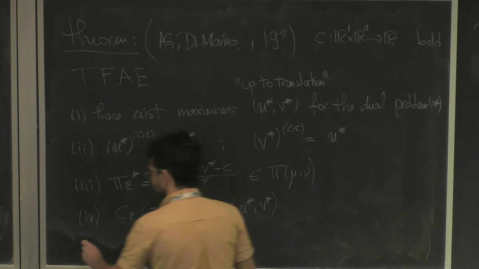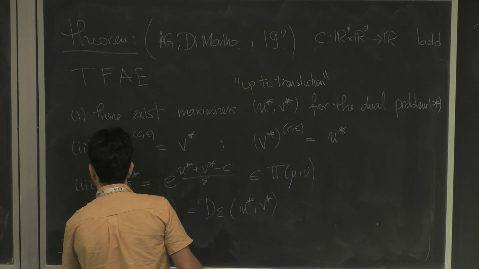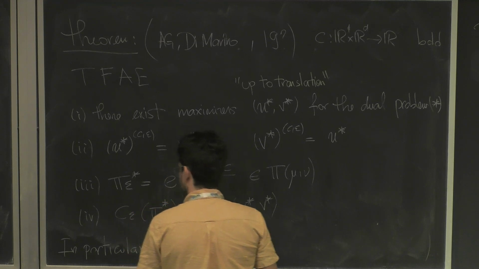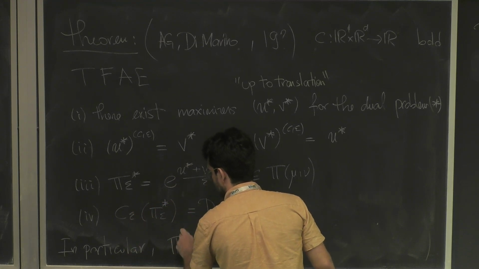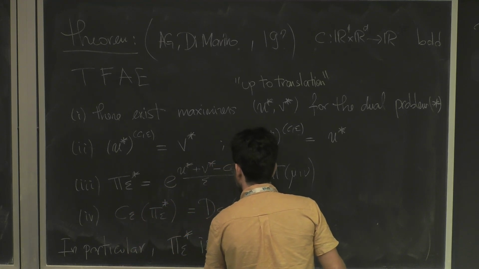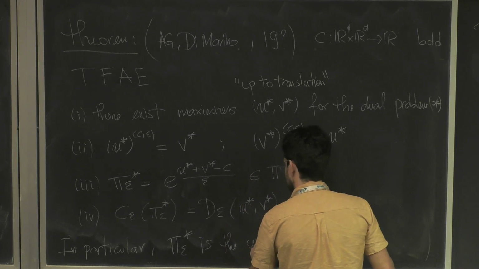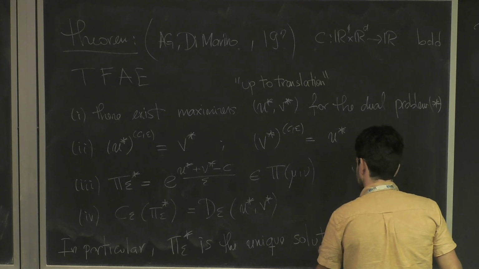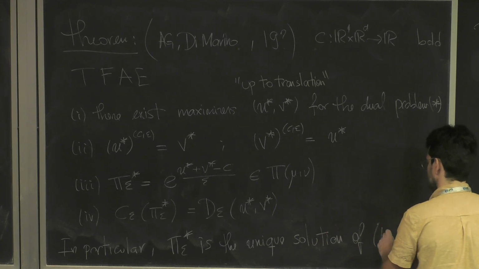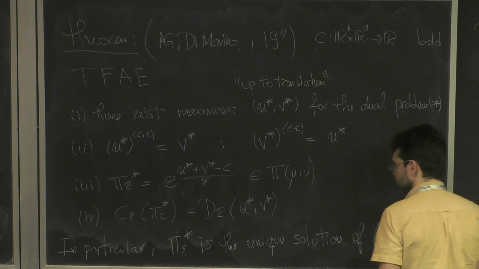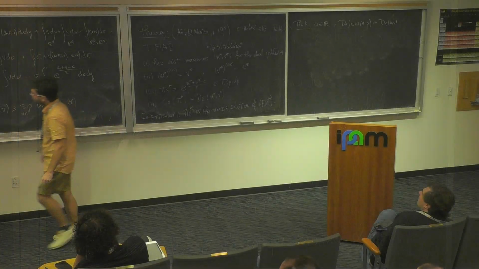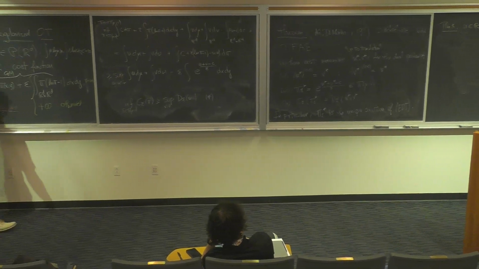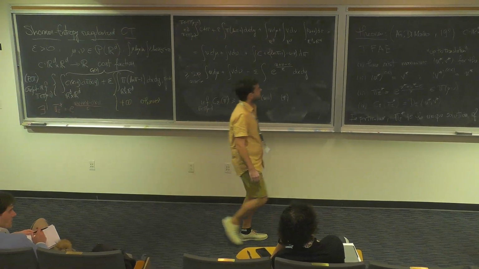So in particular, pi star epsilon is the unique solution of the entropic optimal transport. And I'm going to call this part one: that there are these maximizers, or that this particular pair are the maximizers.